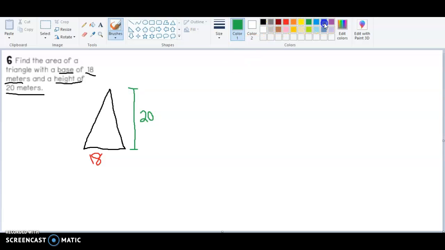And it's the same formula. Area equals base times height divided by 2, or times 1/2. Okay? So 18 times 20 divided by 2.